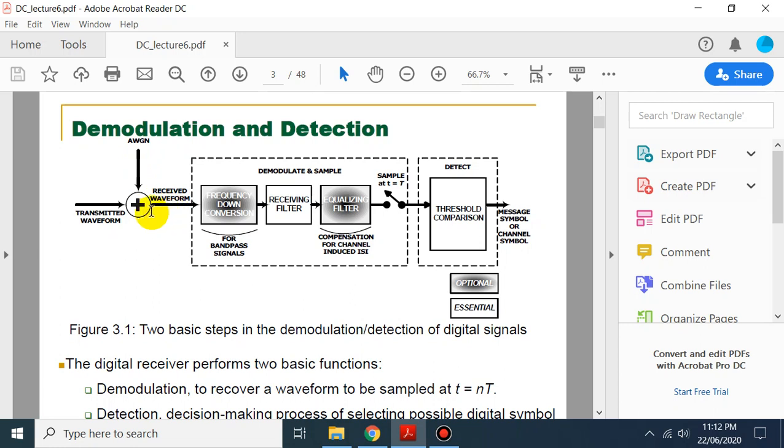The received waveform is basically the addition of these two things: the original transmitted waveform and the noise from the channel.